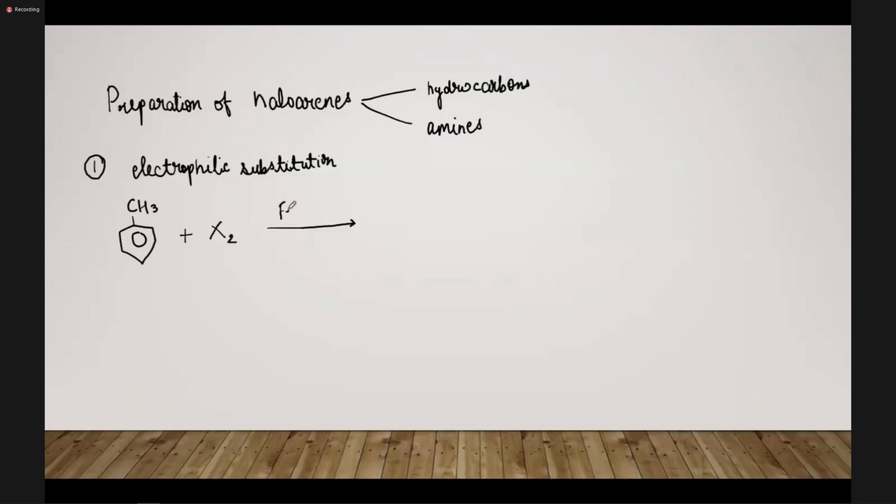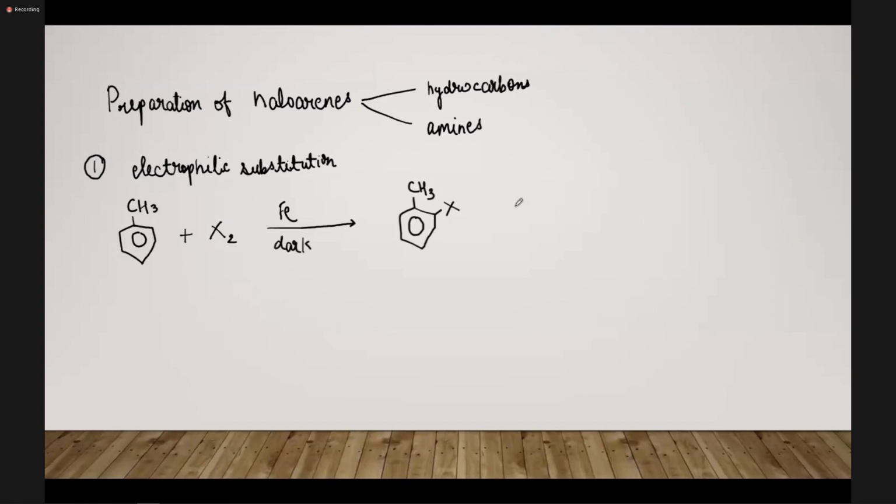This is iron, the Lewis acid that I just told you about, and it is done in the dark. And the result that we get is that the halogen is attached here. It has replaced one hydrogen that was already here.